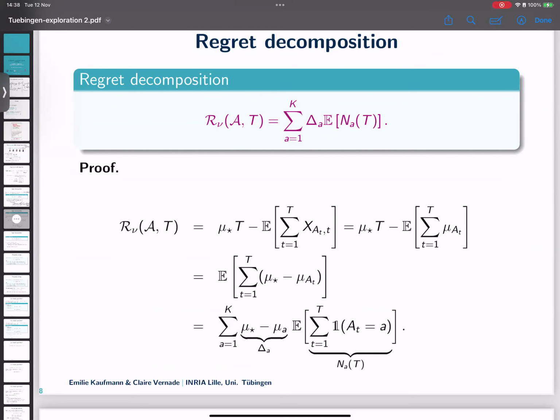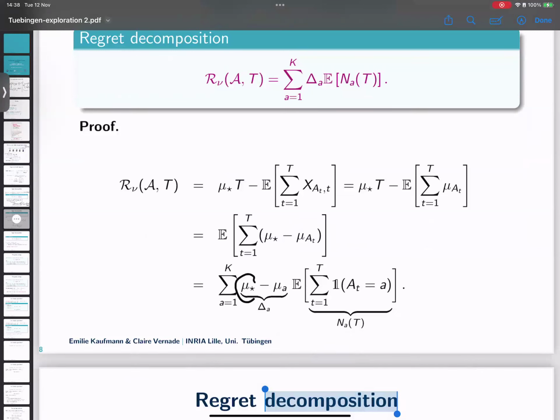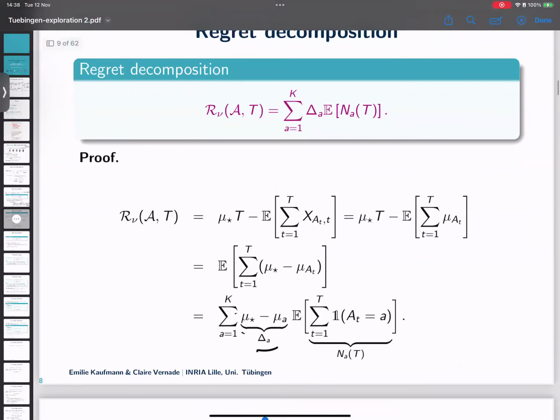We pull them together, and now we have this mu star minus mu A, and this is exactly what I call delta, the gap between the best arm and the arm I pulled. And then I get the expectation, the number of times I pulled arm A.